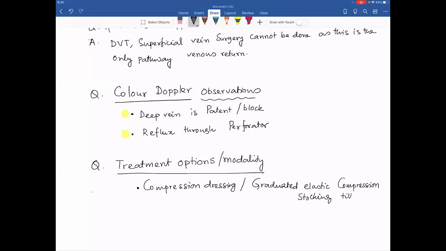The patient uses any of this till the operation. Point number 2, surgery for varicose vein.